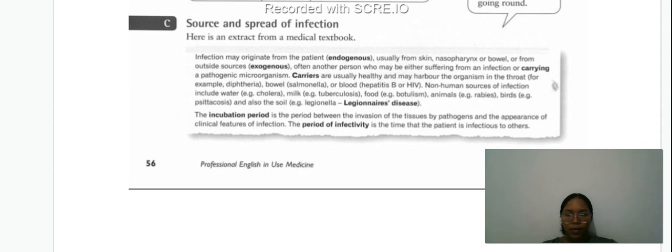Non-human sources of infection include milk, food, animals, birds, and also the soil. The incubation period is the period between the invasion of the tissues by pathogens and the appearance of clinical features of infection. The period of infectivity is the time that the patient is infectious to others.